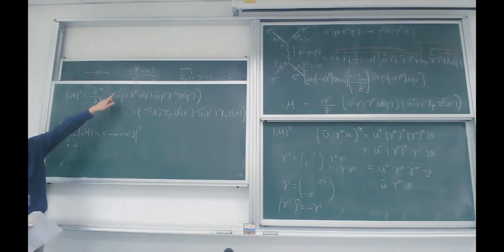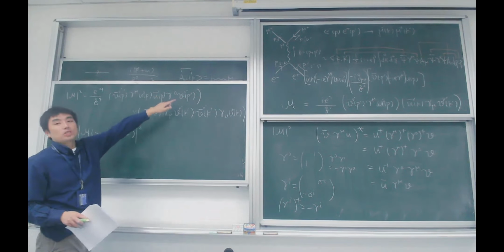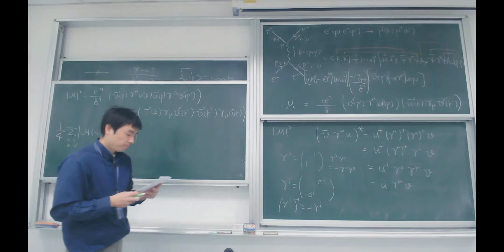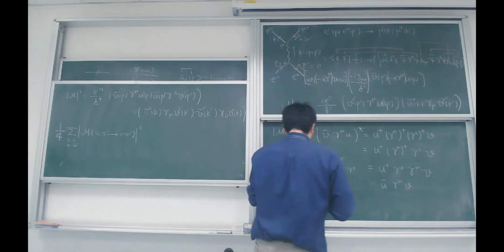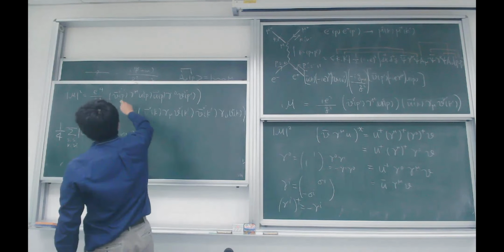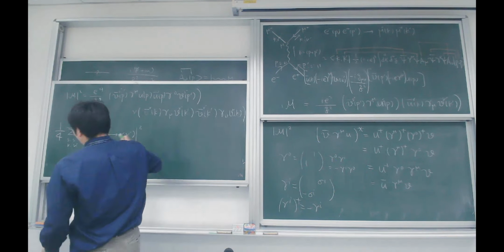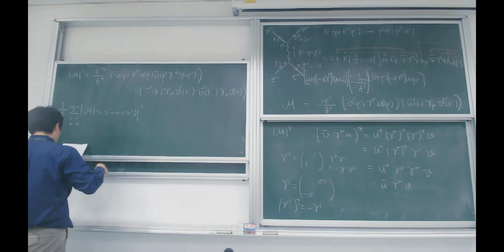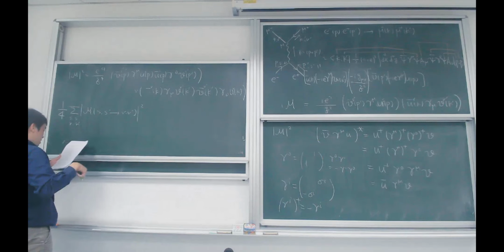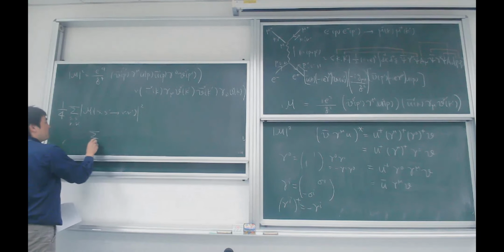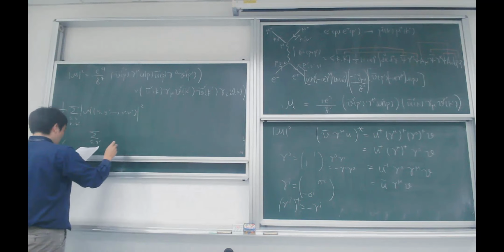Therefore, what we need to do is just sum over all possible spins, which means that you just take a trace. So if you sum over all possible spins here, essentially what we have is s and s prime.